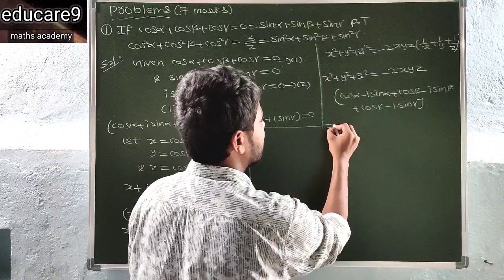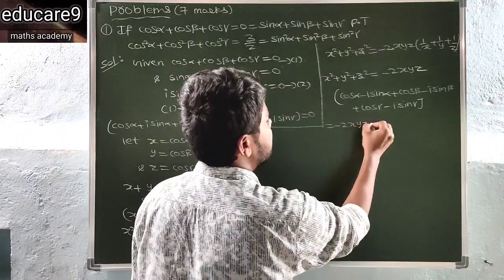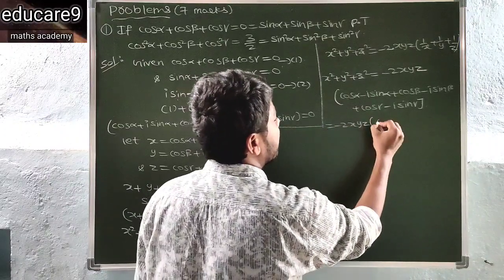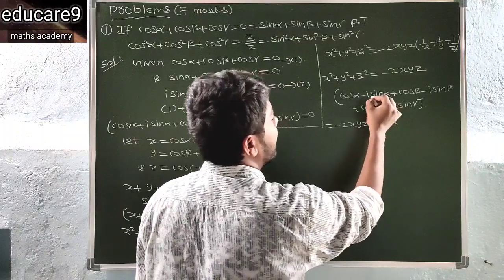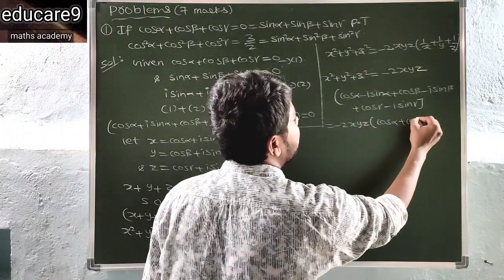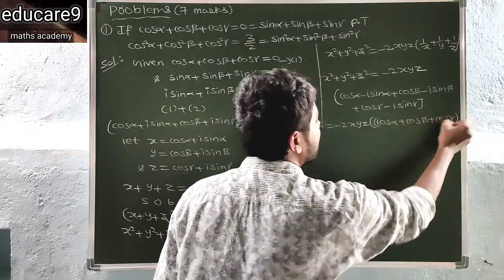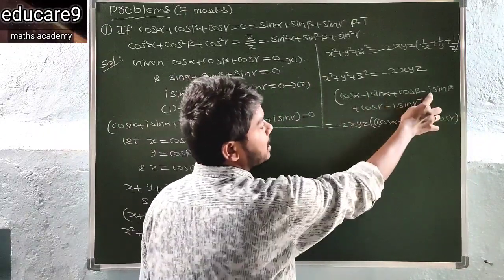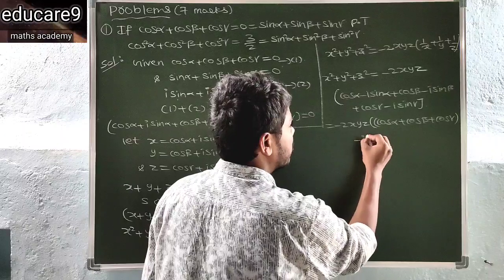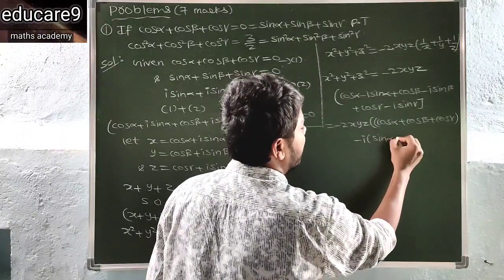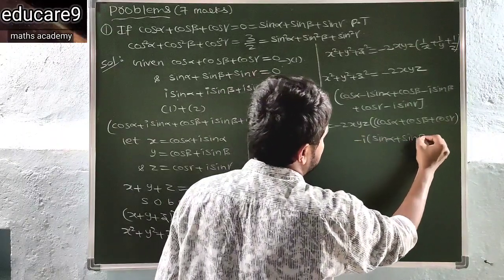So clearly this is minus 2xyz. See here cos alpha plus cos beta plus cos gamma. Here minus i is common. So what you get? Sin alpha plus sin beta plus sin gamma.